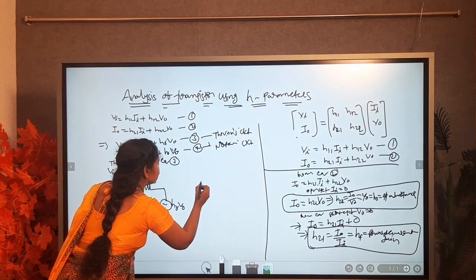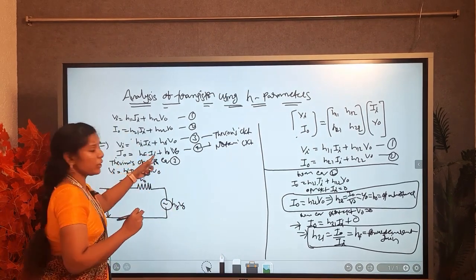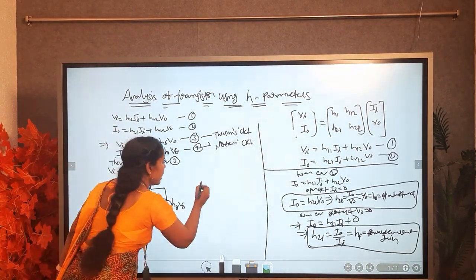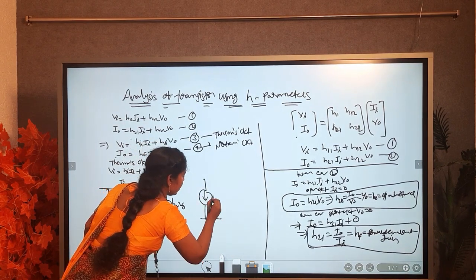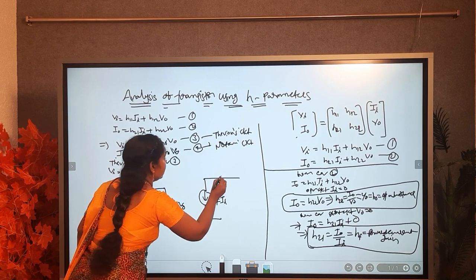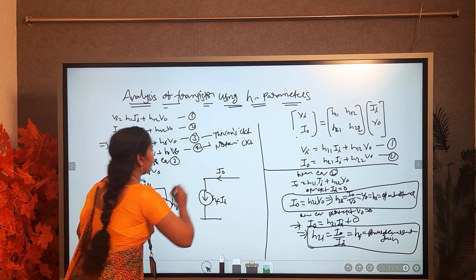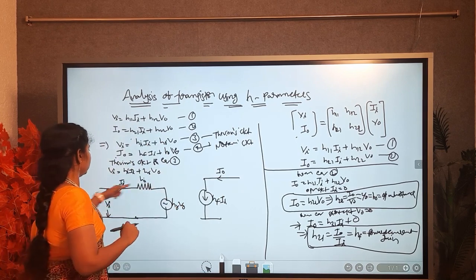So for Norton's circuit, first Hf into Ii, this is the current source. The current that flows is the output current, I naught, in this direction.